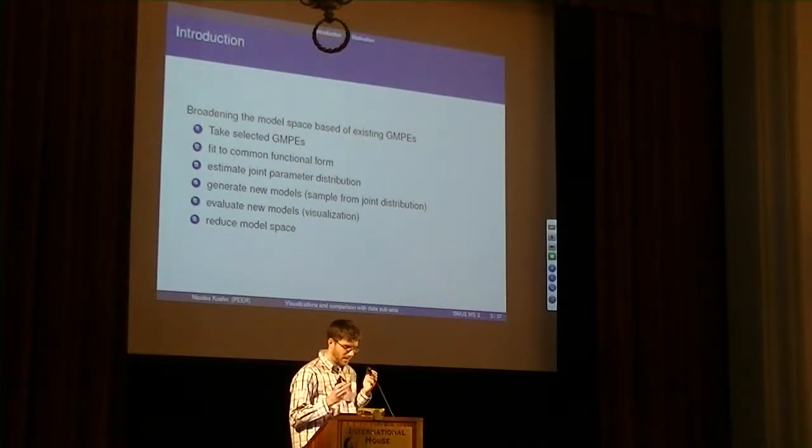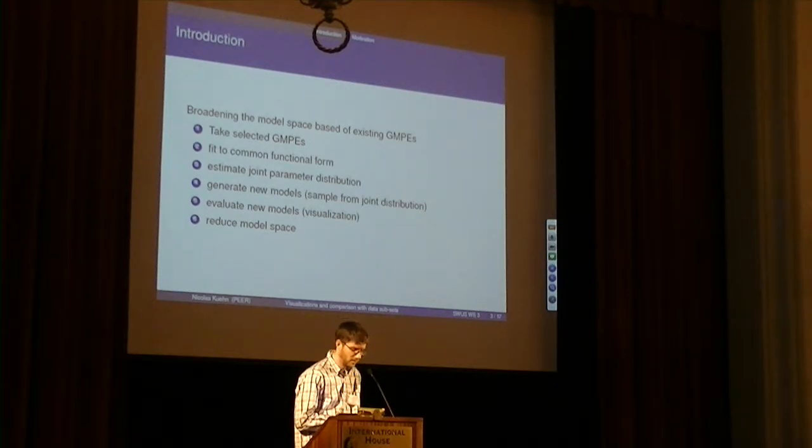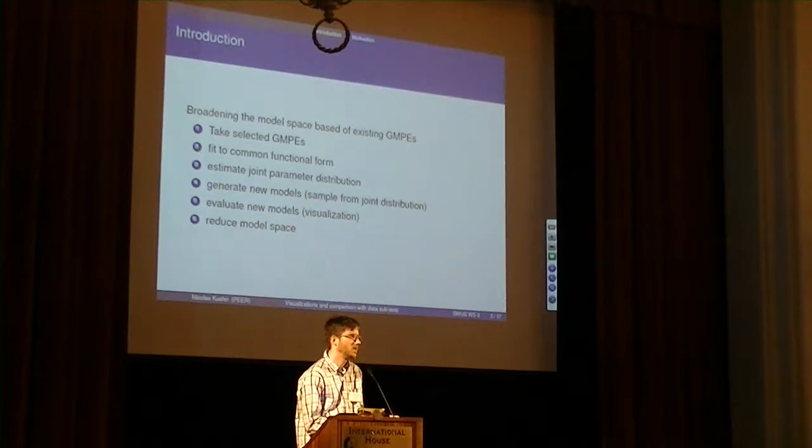All right. And so this is basically the fundamental approach that Doug pointed out. We take the selected GMPEs. We fit each GMPE to a common functional form. Then each of these GMPEs will have its own set of parameters of the common functional form. And then from these sets of parameters or coefficients, we can estimate the joint distribution of the coefficients, and then we sample from this joint distribution of coefficients.